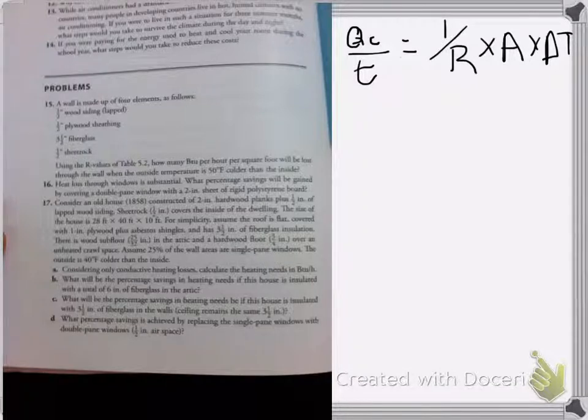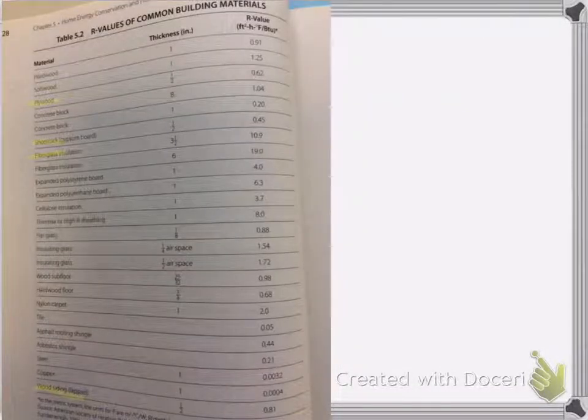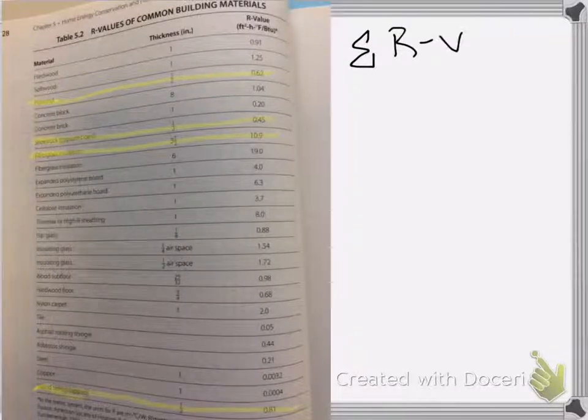And now I'm going to look up my R values. So I put the page in here so that we can find them. And some of the material is the wood siding, which is down here, and fiberglass insulation, sheetrock, and plywood. And I'm going to sum these all together because we have to remember to sum all our R values.